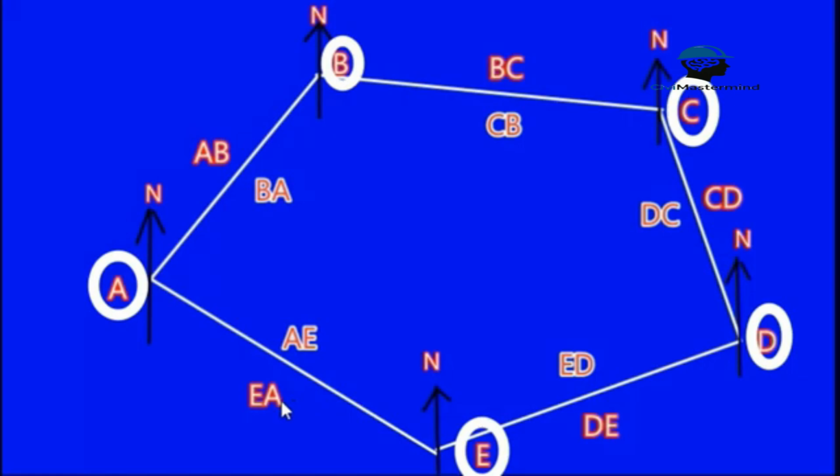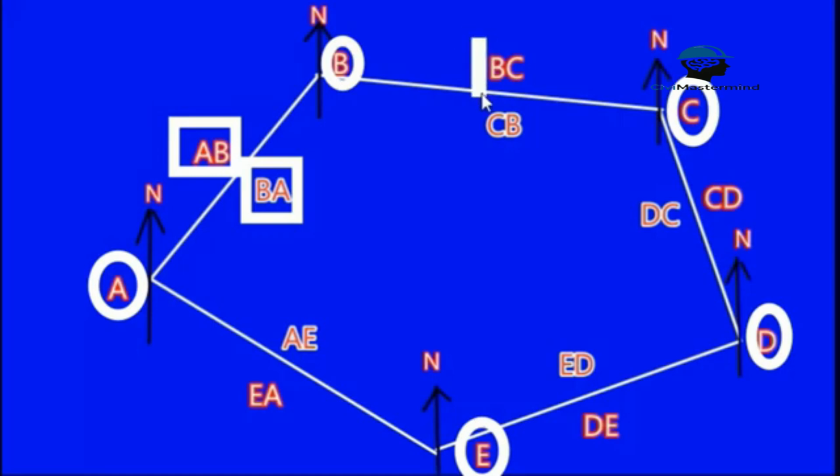Now, what is a fore bearing over here? When we are moving from A to B, it is a fore bearing. And then when we look from B to A, it is known as a back bearing. So we can specify it in this form, BA. Then similarly for BC, this is a fore bearing, and CB is the back bearing. Then CD is the fore bearing and DC is the back bearing.